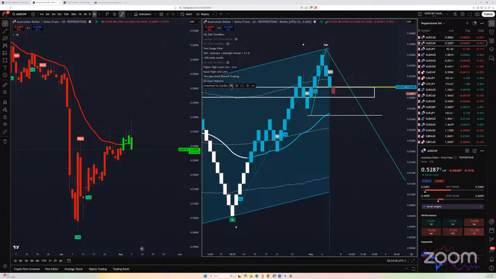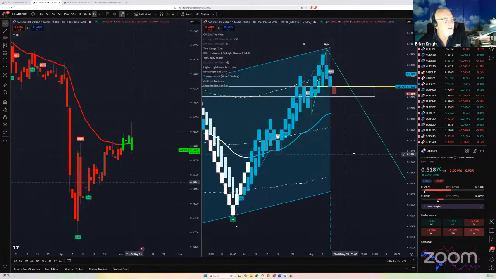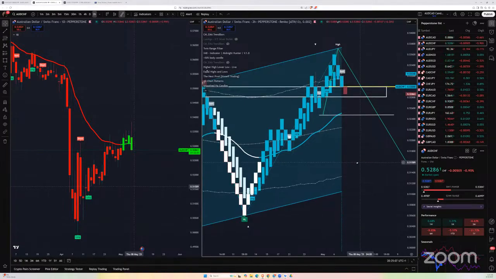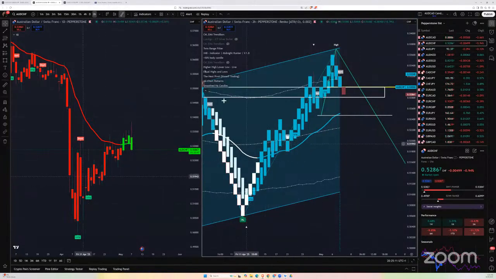If I turn the smooth Heikin-Ashis on, you can see these other candles. You can actually turn this off if you don't want to see that. I just use them for backup confirmation when it's changing.